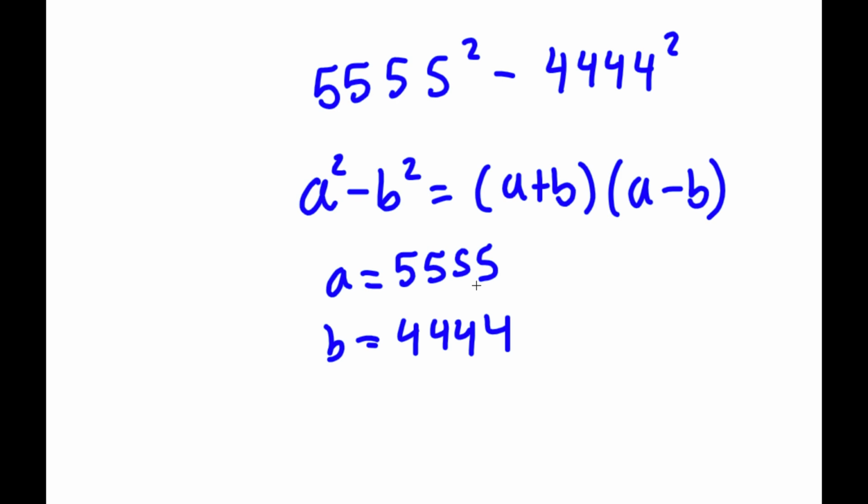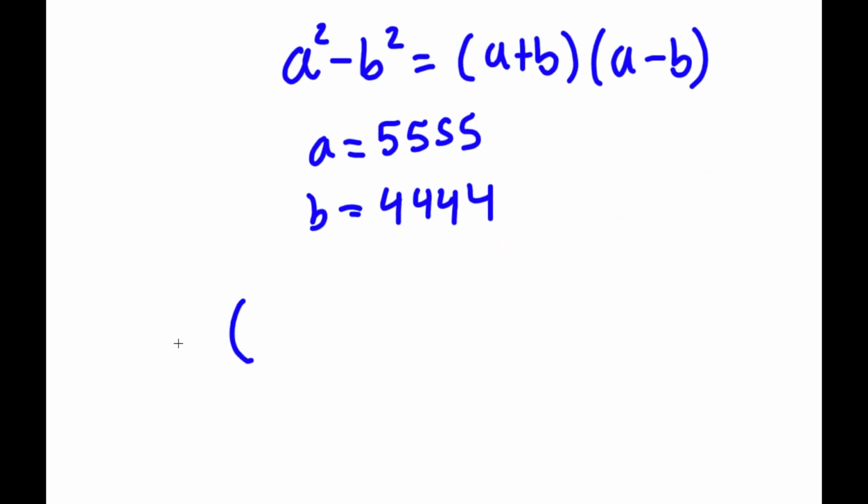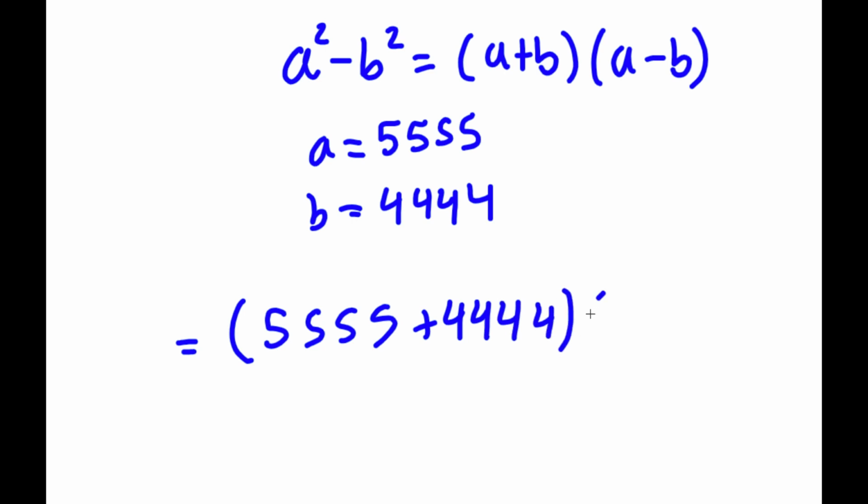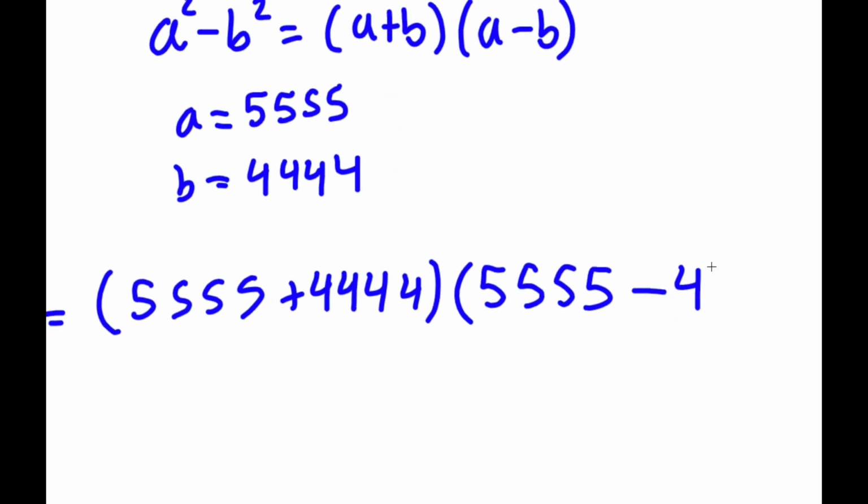So now if I put this in the form (a plus b) times (a minus b), I'm going to get 5,555 plus 4,444 times 5,555 minus 4,444.